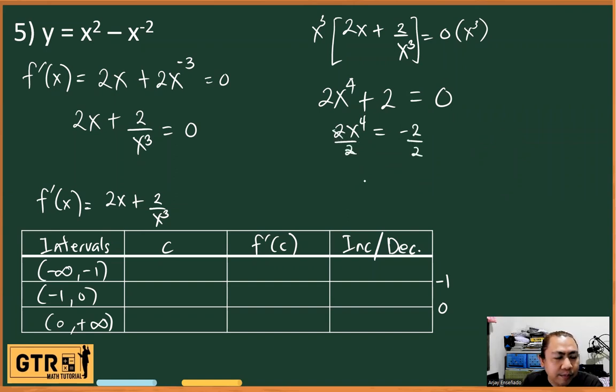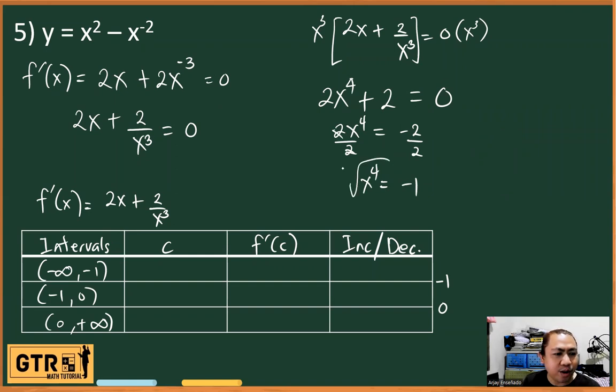So therefore, x to the fourth equals negative 1. So we have imaginary.